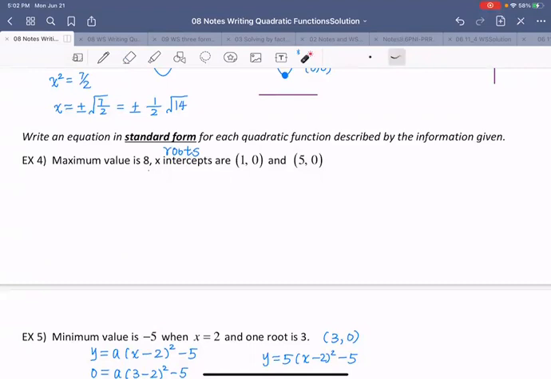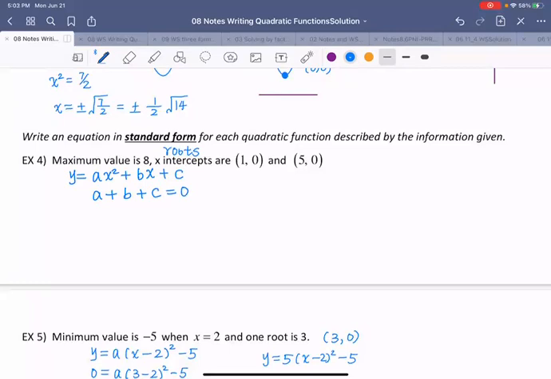Do I just use the standard form? Yes, you can use standard form. You say y equals ax squared plus bx plus c, correct? Okay, so we can plug in. That means a times 1 is a, plus b times 1 is b, plus c equals 0.